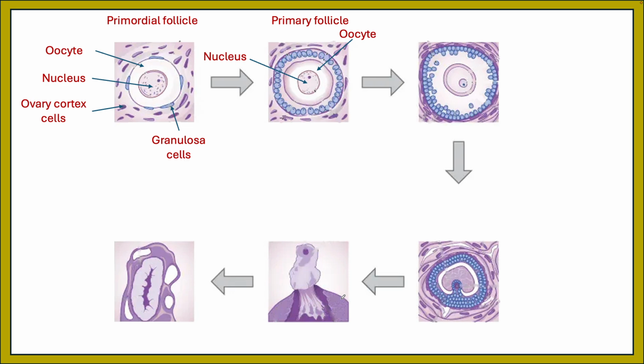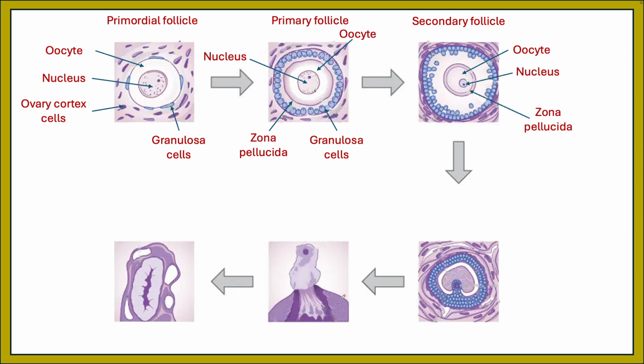The oocyte is present, but now you have a zona pellucida, so a clear zone that's surrounding it. You can see the granulosa cells have started to make a lining around the outer portion of the follicle. Secondary follicle is when you start to have granulosa cells start to form multiple layers.